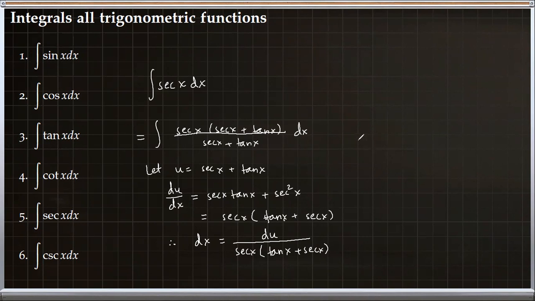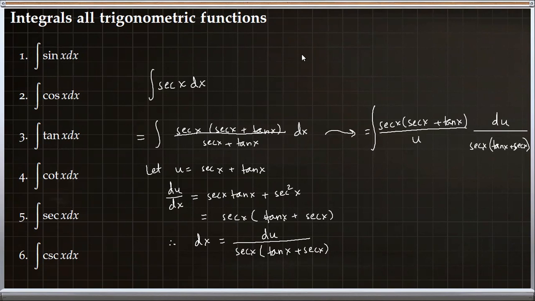So now we are ready to write this integral in terms of u. So we get secant x times secant x plus tangent x here divided by u, because we are letting everything in the denominator be u, times dx is simply du divided by secant x times tangent x plus secant x.